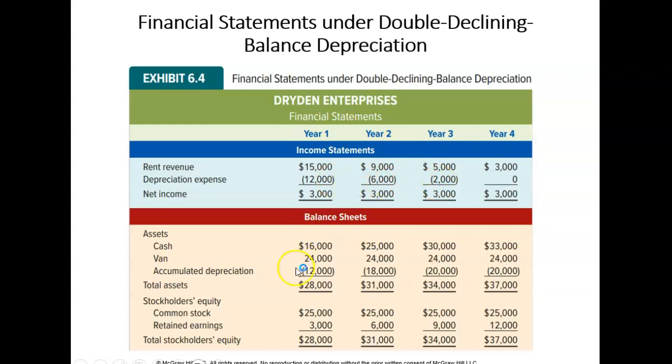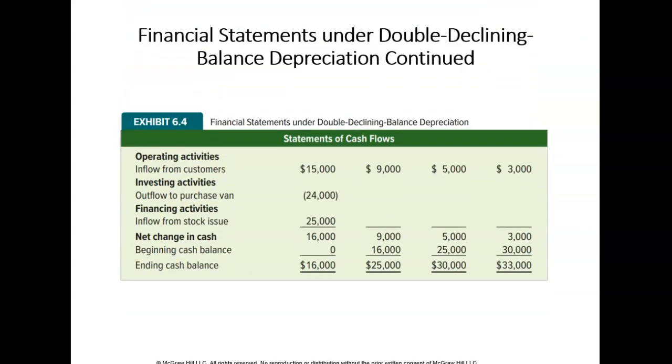Here you see on the balance sheet the accumulated depreciation is going to increase each year until you get to the 20,000, which is the depreciable cost. And once again, you cannot go beyond the depreciable cost of an asset. So at the end of year three, it is fully depreciated. So you see the same amount for the contra account in year four as it was in year three because you cannot add on any more depreciation expense.